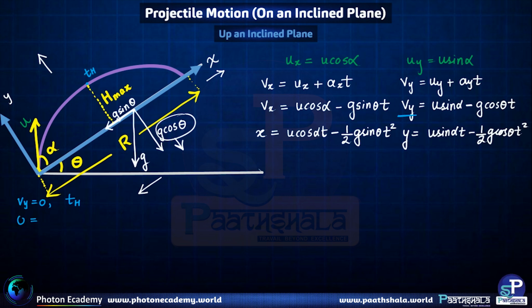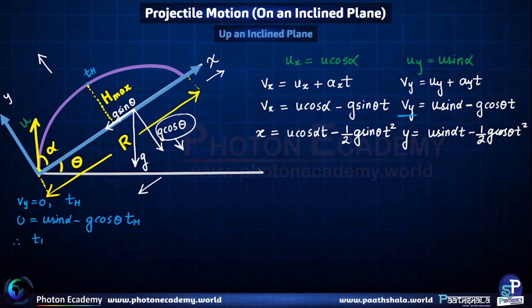0 is equal to u sin alpha minus g cos theta t. Now this t happens to be th. Therefore, we get th is equal to u sin alpha upon g cos theta.